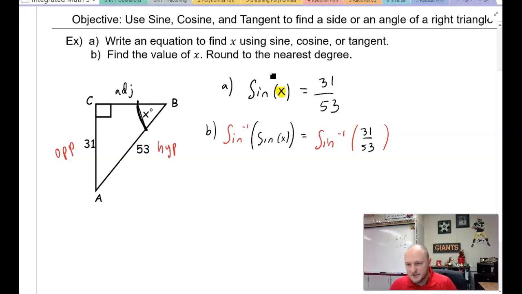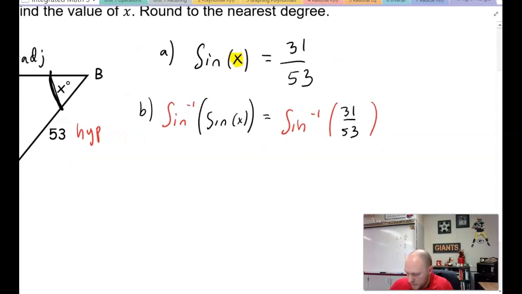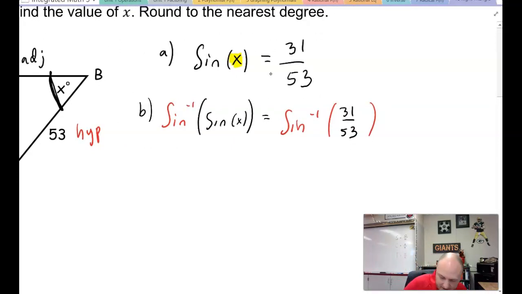Okay, and that looks like what it looks like. And I am going to cancel these. So these cancel, and we get x is equal to sine inverse of 31 over 53.